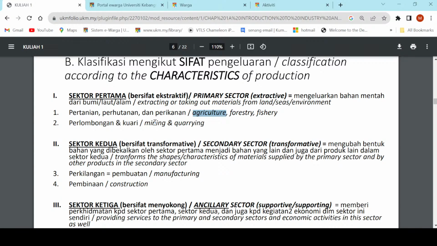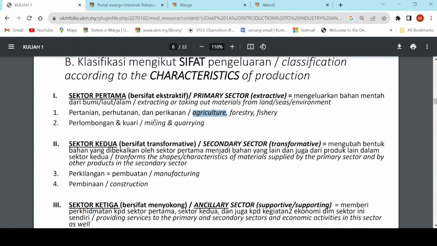So for every Proton Saga sold, there are tires, plastic, fiber, and glass, the window, from silica, and also from other manufacturing as well. See, the glass factory supplies to Proton Saga, cut into the window size.